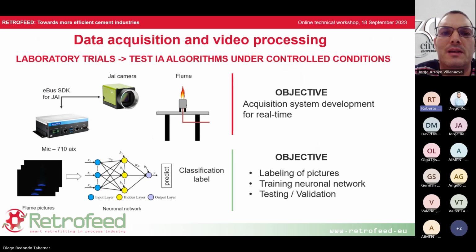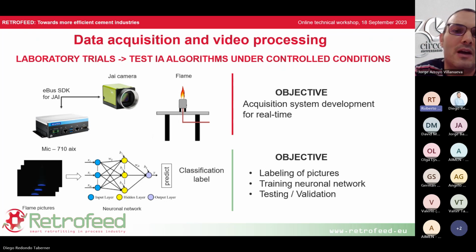So we started the development in two ways. One, as I mentioned, is the laboratory, which is important, and the other is the industrial. In the laboratory trials, we tested the artificial intelligence algorithms under controlled conditions. Our first objective was to train the acquisition system for real time. For us, this was an innovation because, as I mentioned, we always work over previously recorded videos.